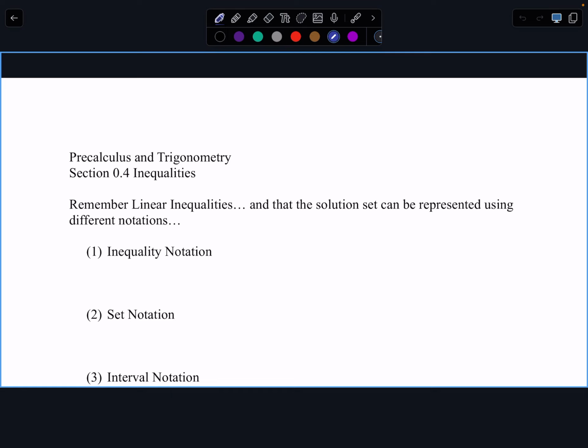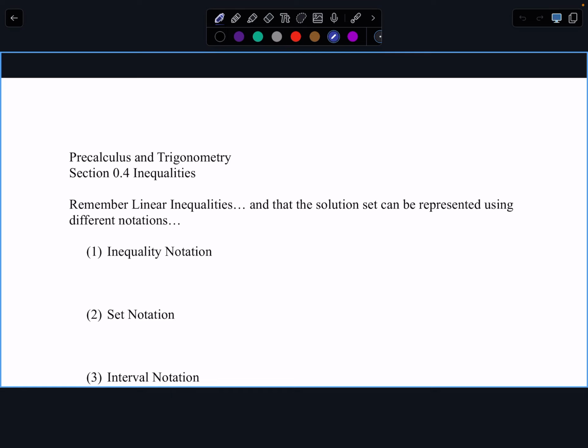So we've just talked about solving equations, right? And now we're going to talk about coming up with the solution sets for mathematical statements that are not equalities, but inequalities.